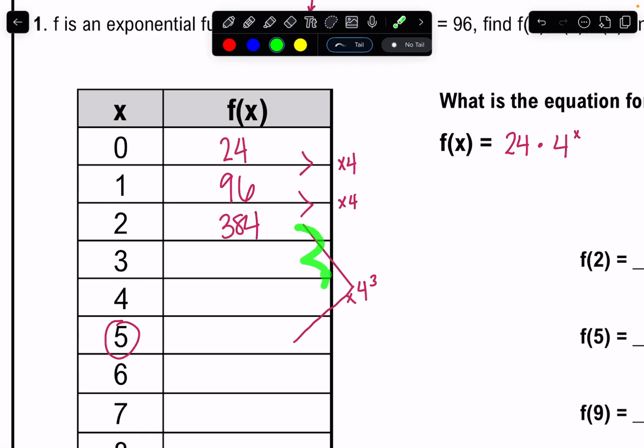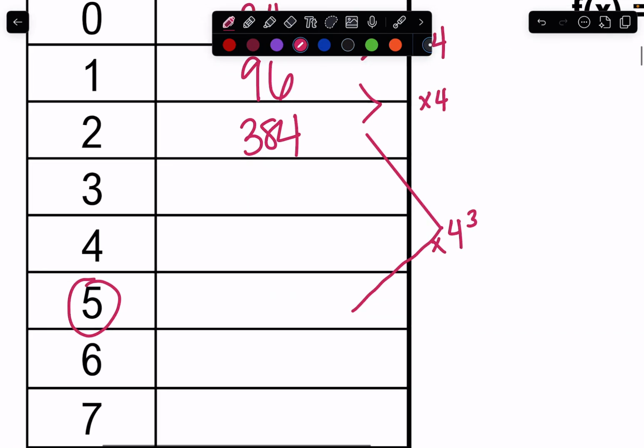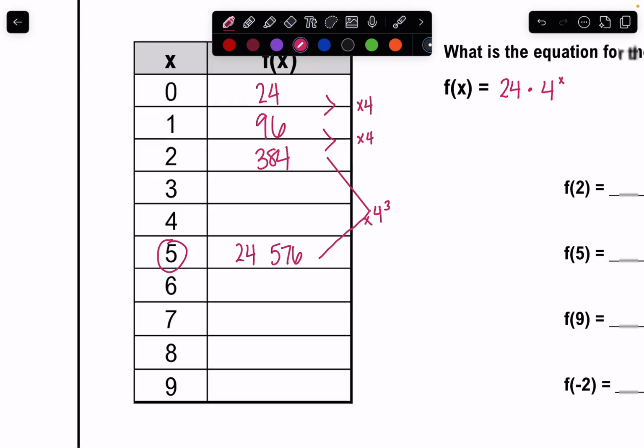Because I'm moving 1, 2, 3 levels down the table. So rather than trying to fill out everything, you can, but that's another neat little trick. In your calculator, you can type in 384 times 4 to the 3rd power. And we get a very large number here, 24,576.